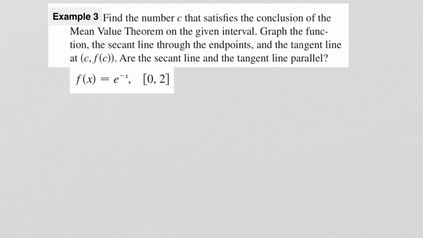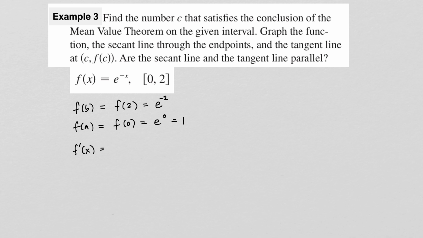So once again, we need f of b and f of a, and we need f prime of x. So f of b is going to be f of 2, and in this case that is e to the -2. F of a is f of 0, which is e to the 0, which we actually can simplify and say that that's 1.